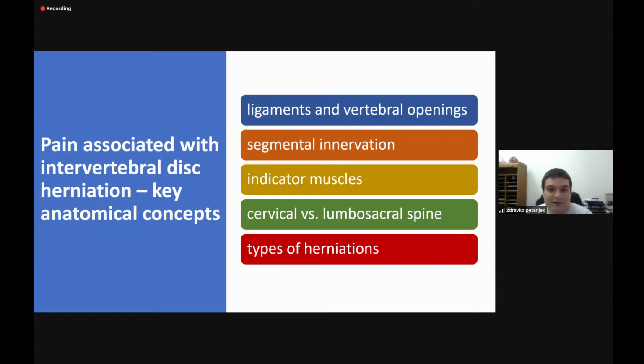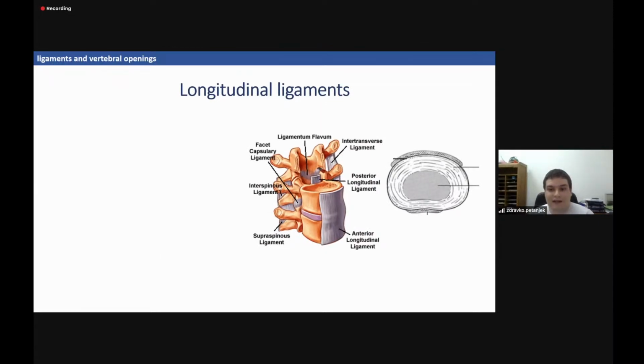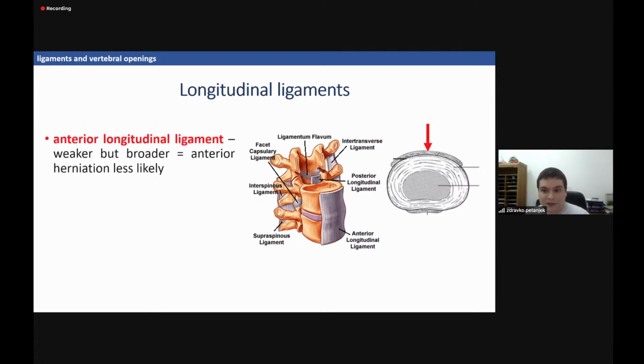So let's start with the vertebral ligaments and explain the two ligaments that are most important for understanding intervertebral disc herniation. The two ligaments that are important for this are the longitudinal ligaments, the anterior longitudinal ligament, which we see here.